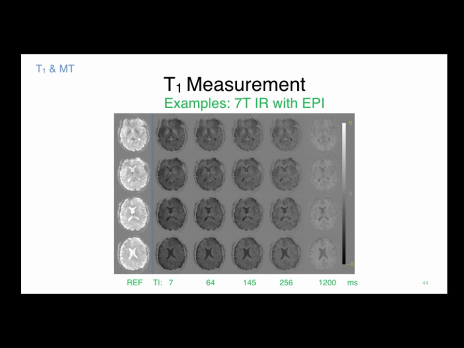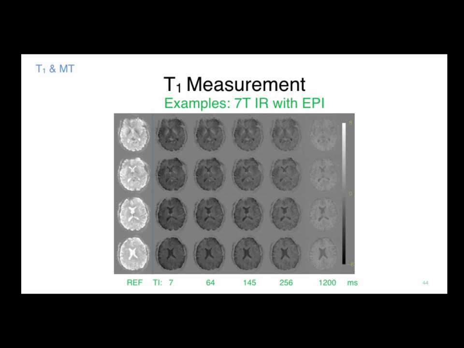There's a few examples of measurements. This will be a multi-slice measurement for a T1 recovery experiment. So here's the reference signal without inversion preparation, and if you do an inversion pulse and you measure very shortly after the pulse, most of the spins are inverted, so indicated by the dark color.